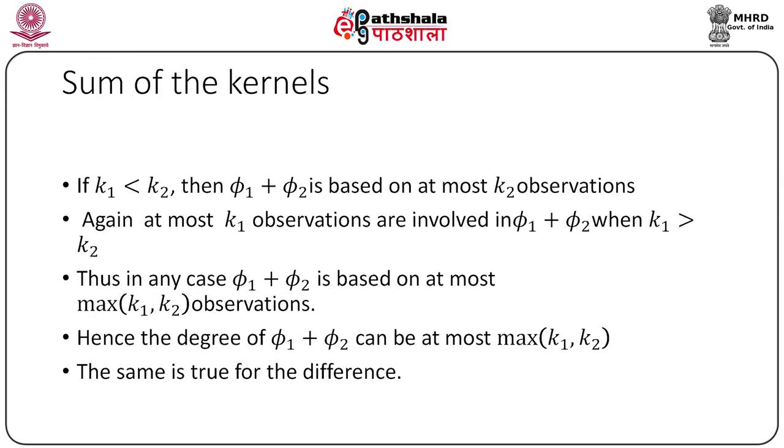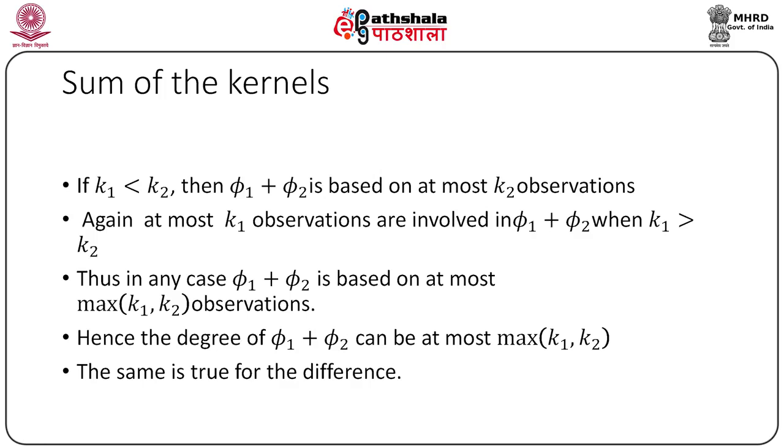So, we start by assuming k1 less than k2. Then phi1 plus phi2 is based on at most k2 observations. On the other hand, if k1 is greater than k2, then phi1 plus phi2 is based on at most k1 observations. So, in any case, phi1 plus phi2 involves at most the maximum of k1 and k2 observations.